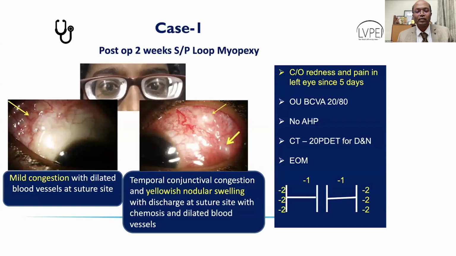In the left eye, there was congestion along with a yellowish nodular swelling, as you can appreciate here with the thin and thick arrow. At this time point, he had a residual esotropia of 20 prism diopters, with a motility limitation of -2 on either side and -1 elevation limitation.